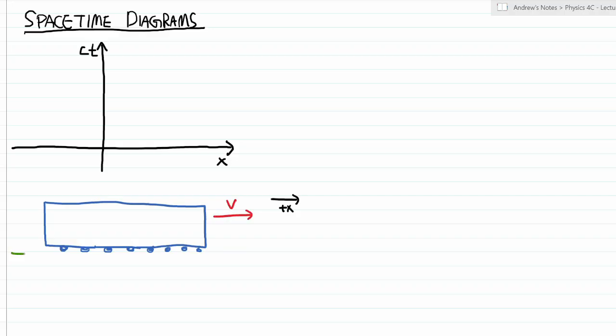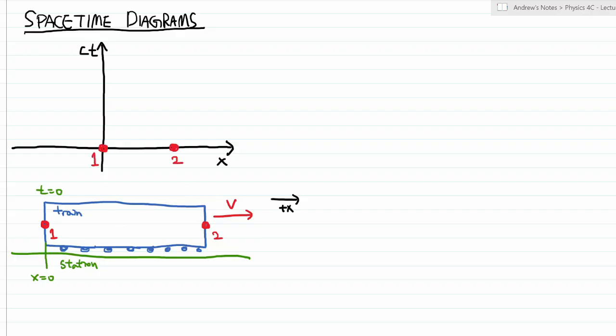We have the train station, and everything is set up so that at time equals 0, the train's back end is at x equals 0. We can illustrate this setup on the space-time diagram this way. Let me call the back of the train 1 and the front of the train 2. Then these points can be illustrated on the space-time diagram as 1 and 2.